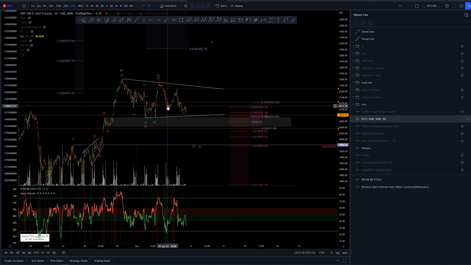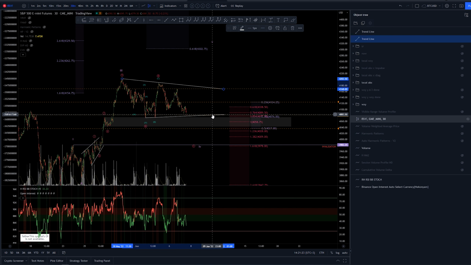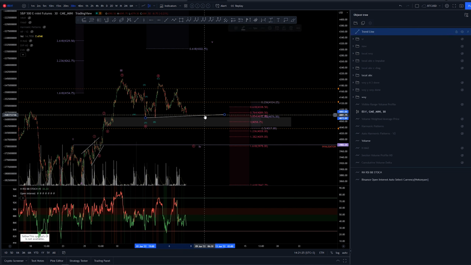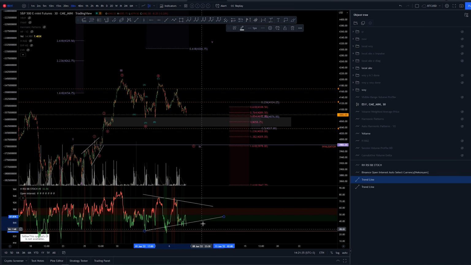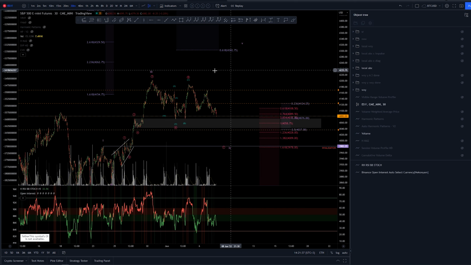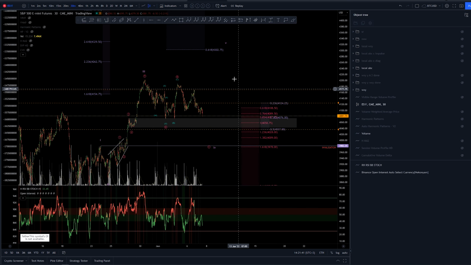It just doesn't make sense for me to have the triangle going here when I don't have the support for the triangle structure in RSI as well. So for me, RSI would have to have a triangle here as well, and it just doesn't. But yeah, if people are just looking at the price action, for sure people can look at that, but that's just not the way I look at things.